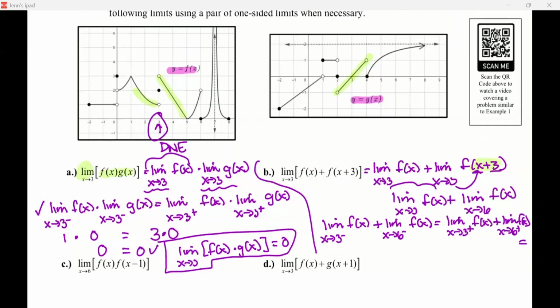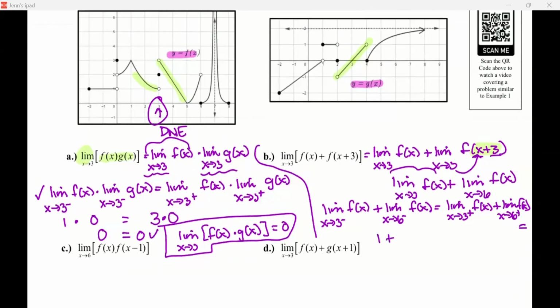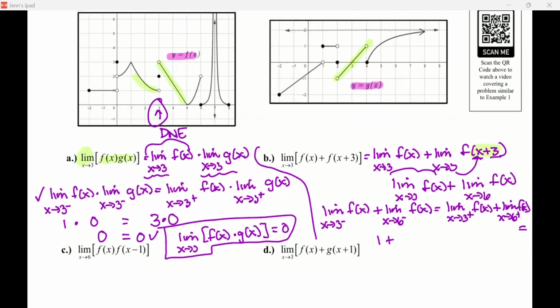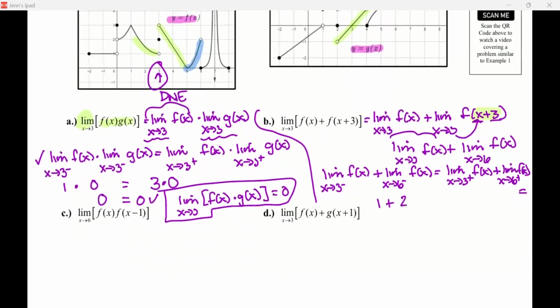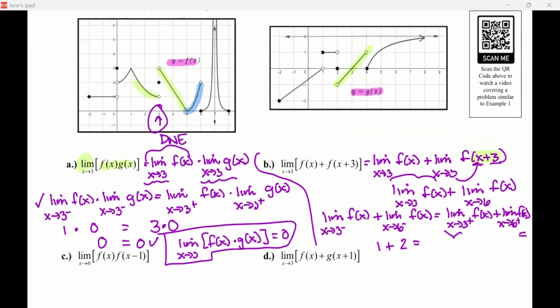So again, when I look at my graph for f of x, the limit as x approaches 3 from the left of f of x, as I can see, is 1, plus the limit as x approaches 6 from the left of f of x. As I approach 6 from the left, that's going to give me a 2. I have to check to see if it's equal to the limit as x approaches 3 from the right of f of x.